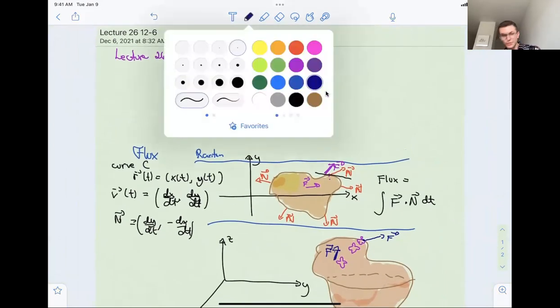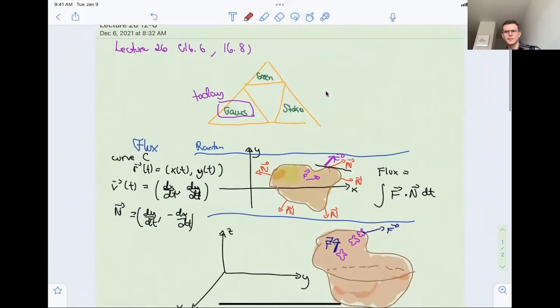So maybe I'll zoom in and stay here. Now the surface has a normal vector.